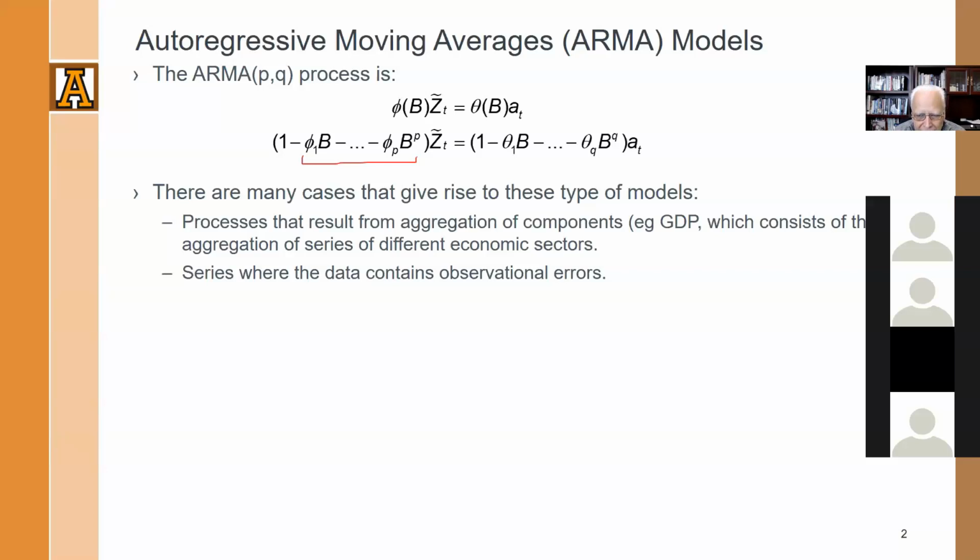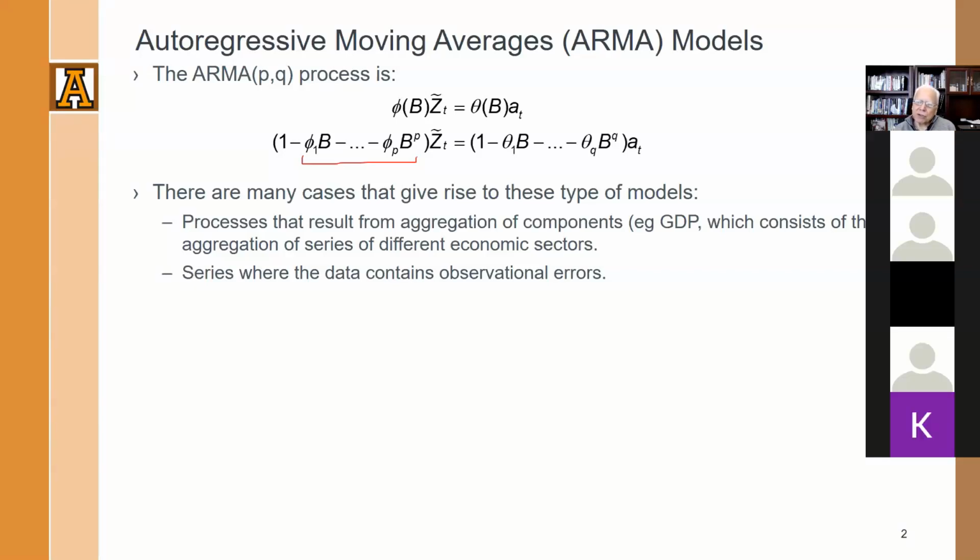Now, there are some typical cases where these types of models arise. For example, when we aggregate components, such as in the case of the gross domestic product, because that's the aggregation of series from different economic sectors, or series that contain observational errors, which is almost all series.